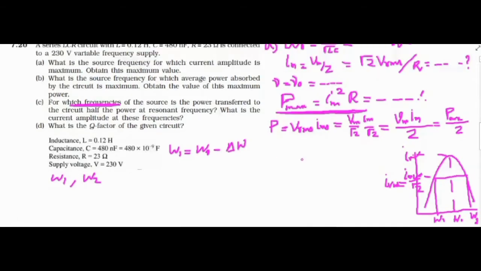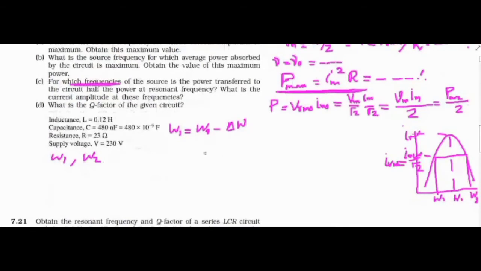We have calculated omega naught in part A. Then omega 2 is equal to omega naught plus delta omega. Once you get omega 1 and omega 2, you can find the values of mu 1 and mu 2.